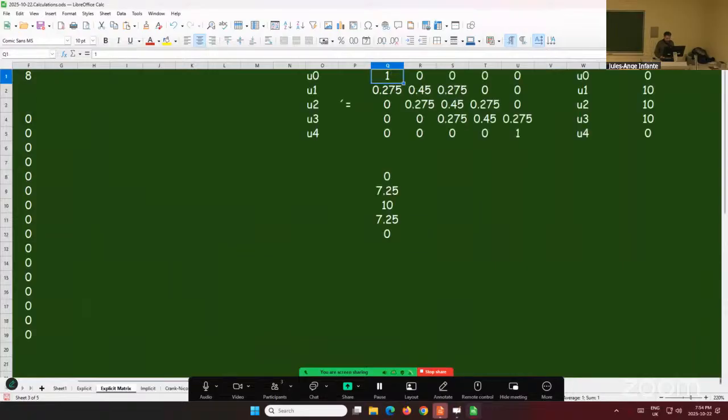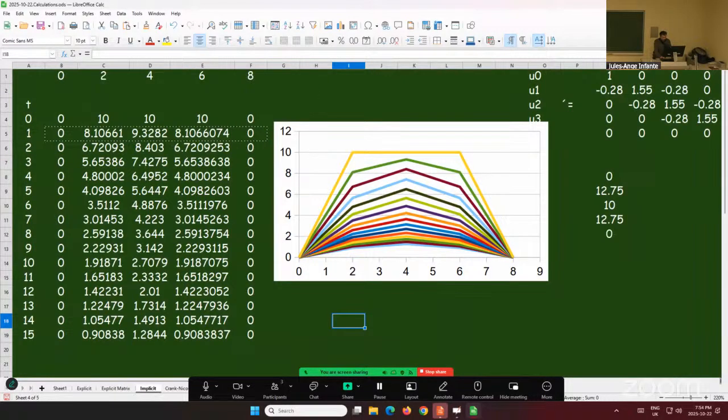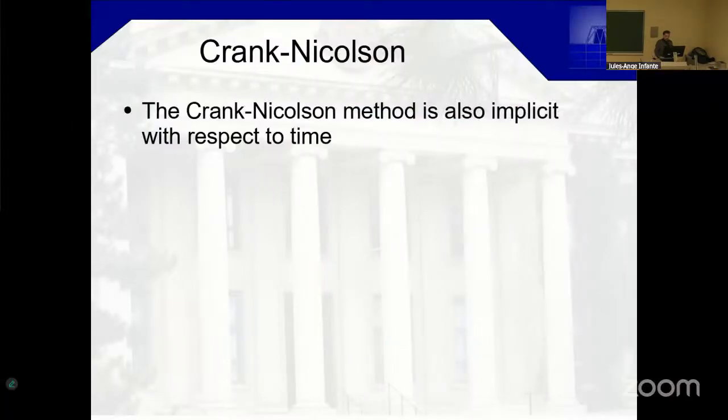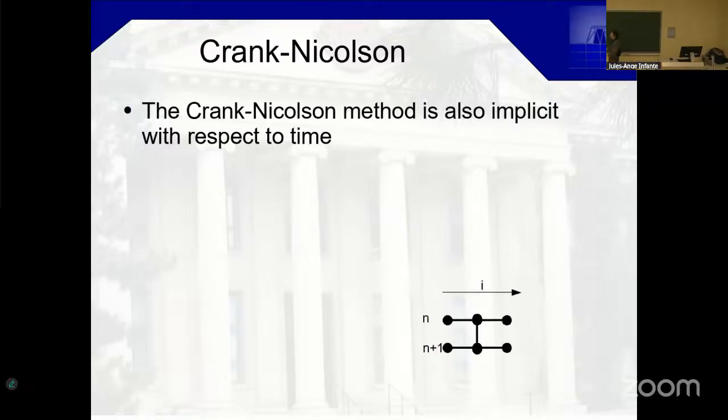The Crank-Nicholson is a little bit different than both of the other ones. Because Crank-Nicholson was an intermediate time, right? We were looking both at the past and the future interval.